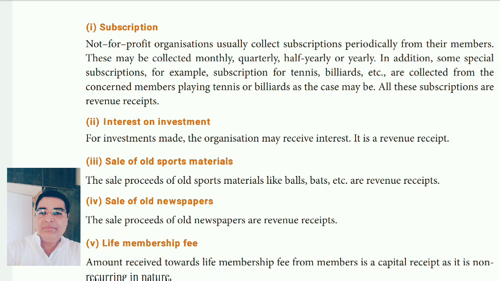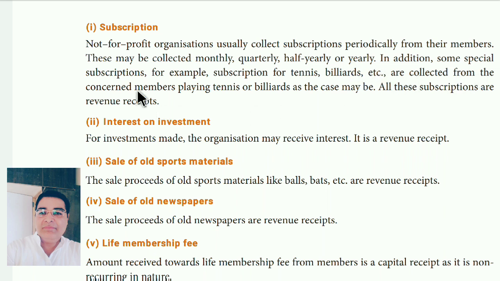Now each and every item, listen to it very carefully and silently so that you can understand the sum, and when you understand the concept, then only you can do the sum very easily. Now see the subscription. What do you mean by subscription? Not for profit organizations usually collect subscription periodically from their members. This may be collected monthly, quarterly, half-yearly or yearly.